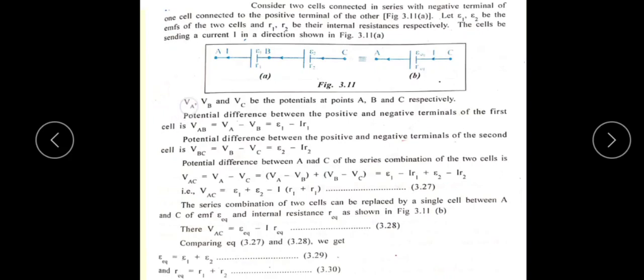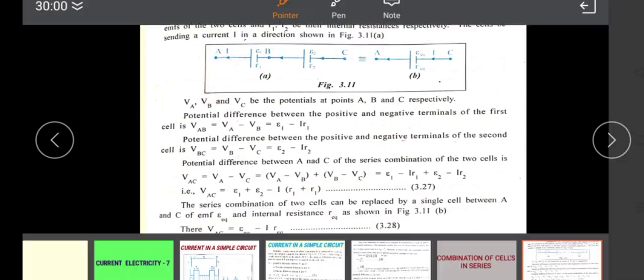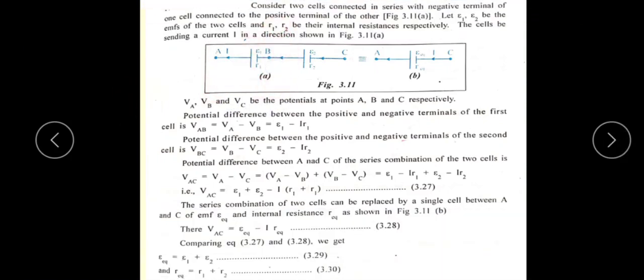VA, VB and VC are the potentials at points A, B and C respectively. The potential difference between the positive and negative terminals of the first cell is VAB, equal to VA minus VB.